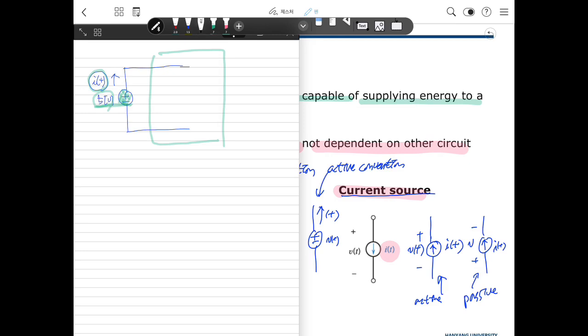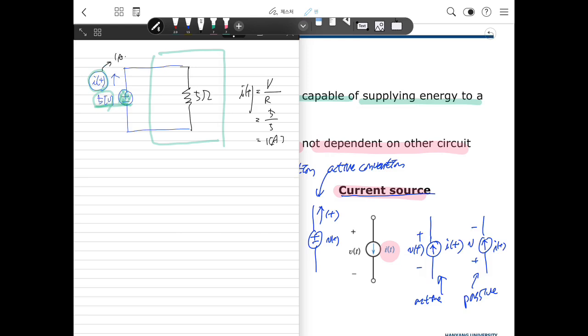And if the other circuit consists of only one resistor, maybe 5 ohm, then the current i(t) will be, by Ohm's law, 5 over 5, so 1 amp. Then that value is 1 amp.